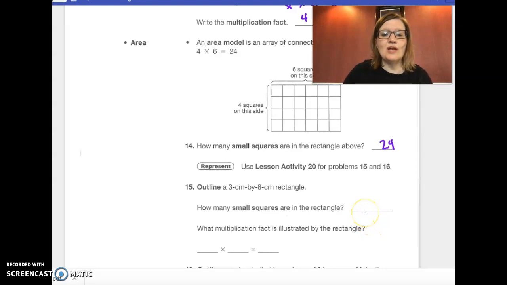Now let's outline an 8 centimeter by 3 centimeter rectangle. How many small squares are in the rectangle? What multiplication fact is illustrated by the rectangle? Our first one, 3 by 8, is going to give us 24 small squares, and we will view this as 8 times 3 equals 24.